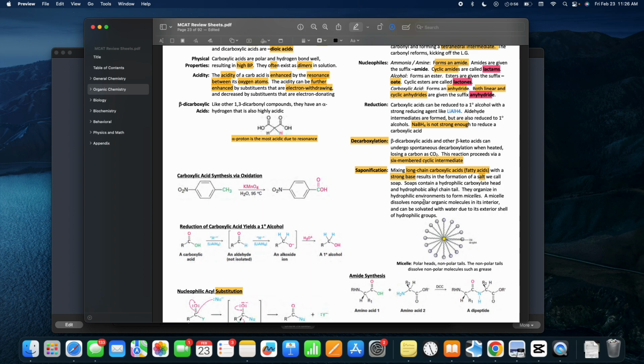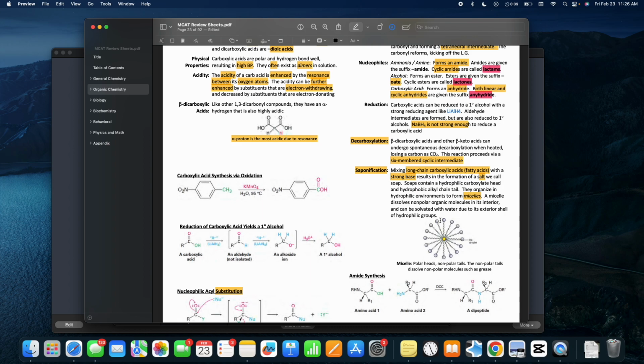They organize in hydrophilic environments to form micelles. A micelle dissolves nonpolar organic molecules in its interior and can be solvated with water due to its exterior shell of hydrophilic groups.